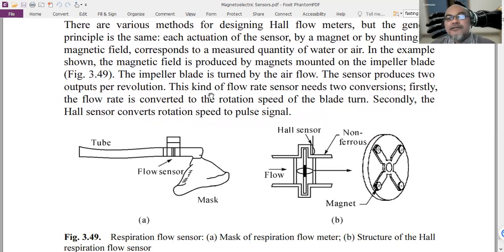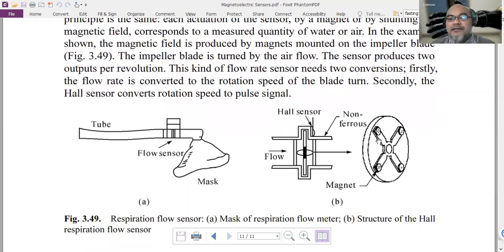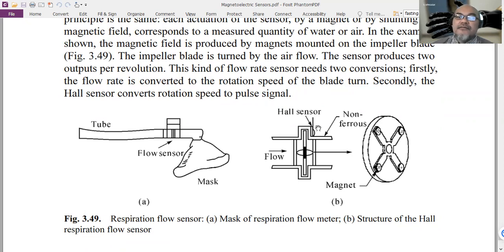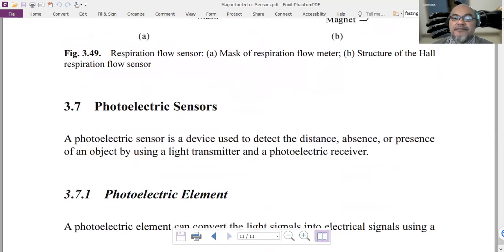First, the flow rate is converted to the rotation speed of the blade. Then this blade that contains the magnetic field will turn, and the turning causes magnetic flux changes, which can be detected by the Hall sensor attached to the packaging. The Hall sensor will convert the rotation speed, the RPM, to a pulse signal.